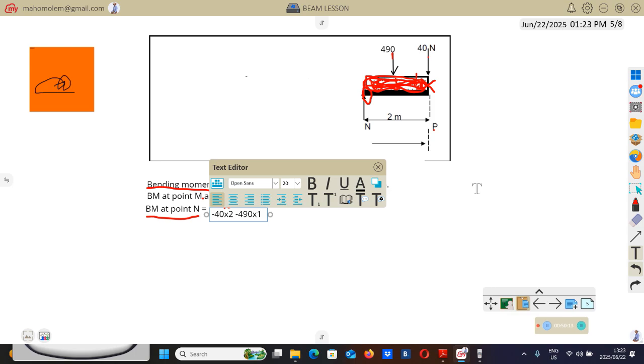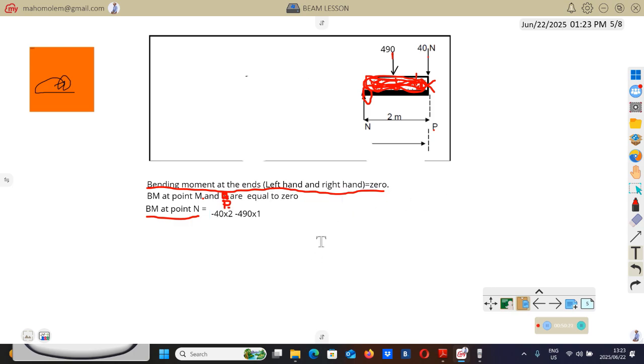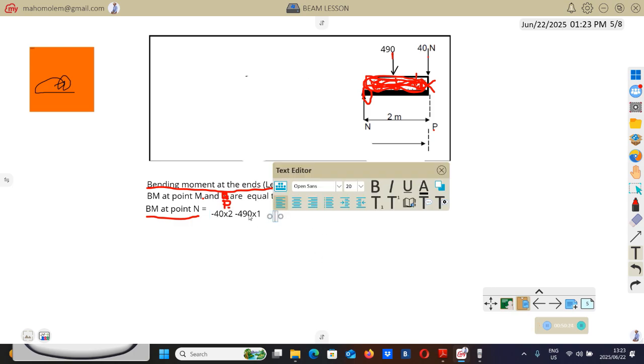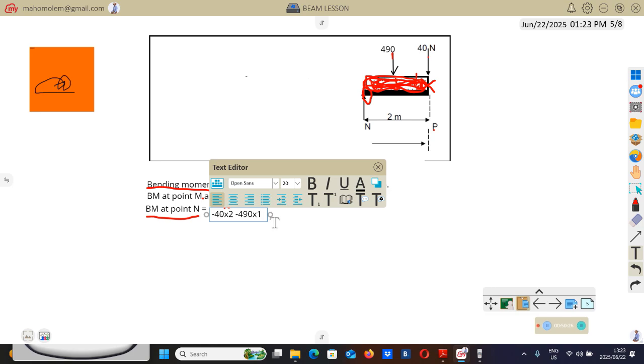Remember I said that we put that point load at the midpoint of the UDL. The UDL is 2 meters, half of 2 meters is 1. So that's why I have 1 there. Then you press your calculator. Hopefully you will have negative 570.